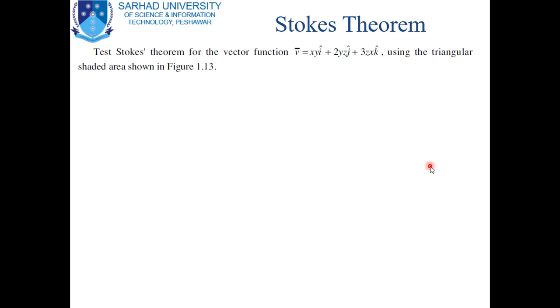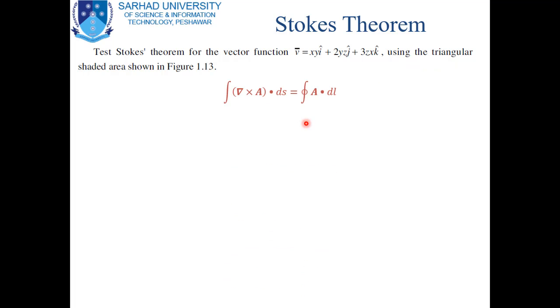Now for the last problem of this lecture, we have to verify the Stokes theorem for a given function which is given in Cartesian coordinates. But our geometry will be triangular and is shown in the figure.